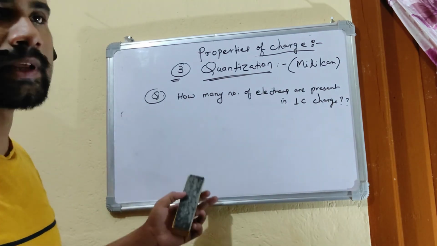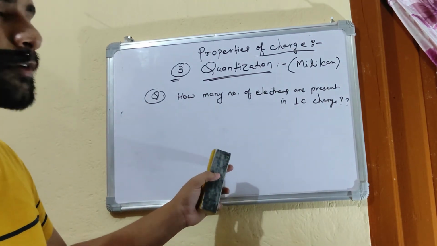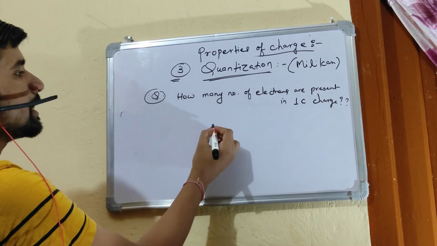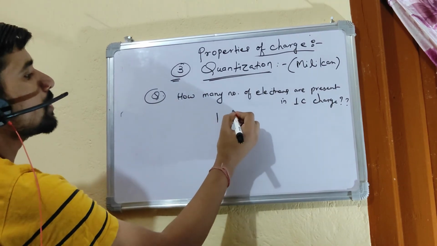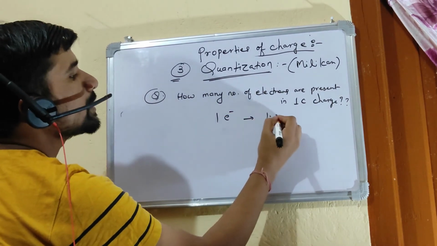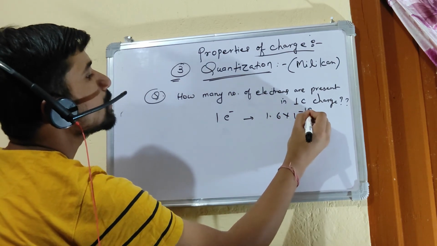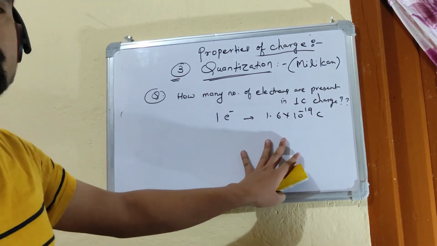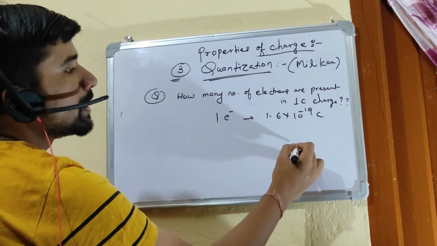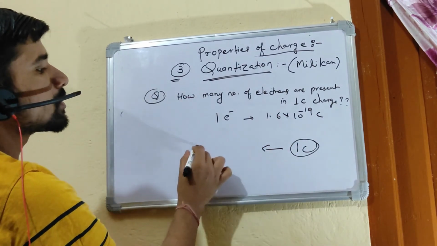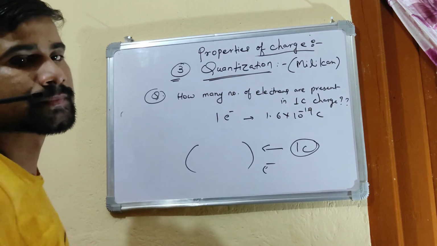This would be an exercise for you, but just to give a background, I just said that charge on one electron is 1.6 into 10 to the power minus 19 coulomb. Now can you use the unitary method and tell me in 1 coulomb charge how many electrons will be present, right?